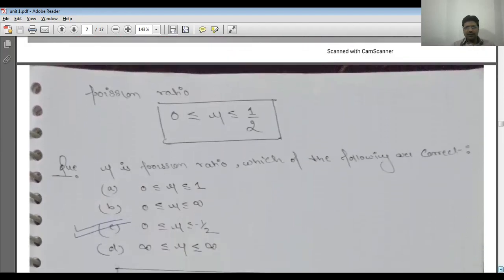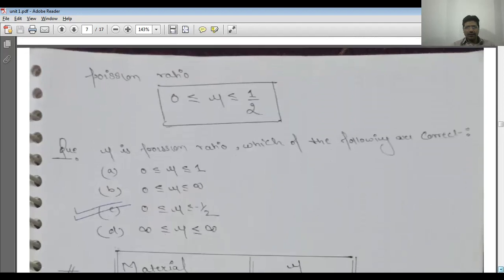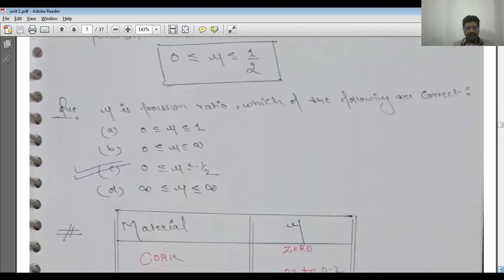Mu is Poisson's ratio. Which of the following are correct? The value of mu lies between 0 to half or minus half. So we will take the 0 to half value.